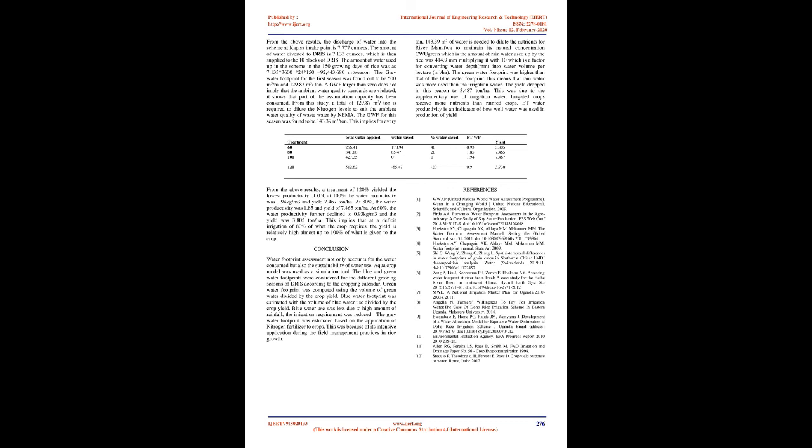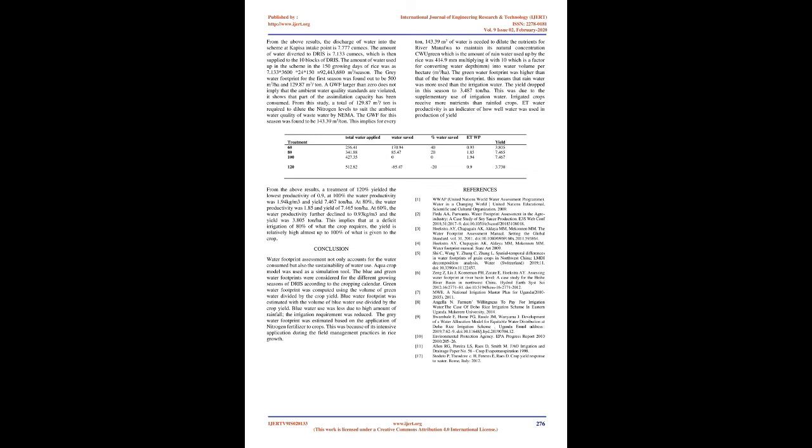At 80%, the water productivity was 1.85 and yield of 7.465 tons/ha. At 60%, the water productivity further declined to 0.93 kilograms per cubic meter and the yield was 3.805 tons/ha. This implies that at a deficit irrigation of 80% of what the crop requires, the yield is relatively high, almost up to 100% of what is given to the crop.